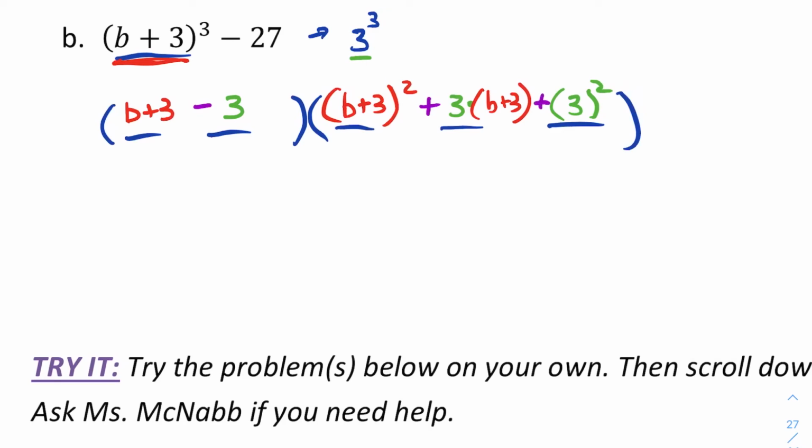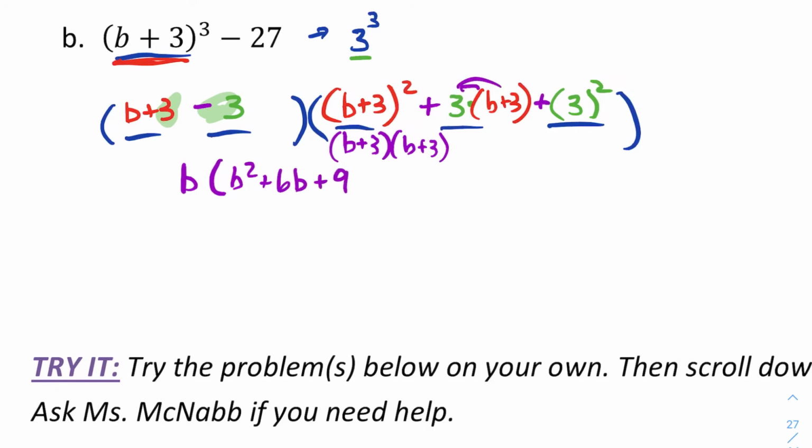Now this can have some simplifying done to it, because b plus 3 minus 3, definitely want to subtract those and just get b. And then if you square your b plus 3, take it times itself, you're going to have b squared plus 6b, because 3b and 3b, plus 9.